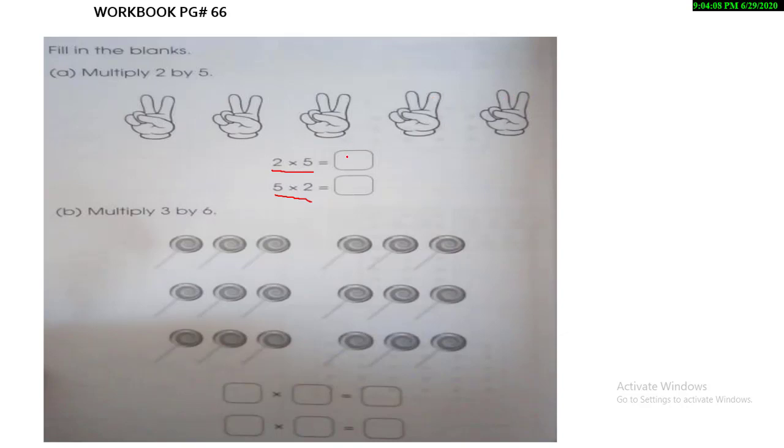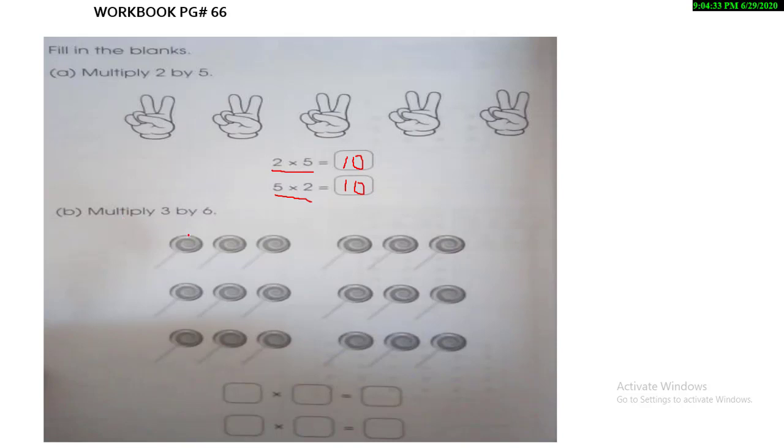How many fingers are there? 10. Okay, just tell me, for the second blank, do I need to count the fingers again? No. We will just copy it as it is, because the numbers are the same, their places are just changed, so we don't need to count it. Our answer will be the same.